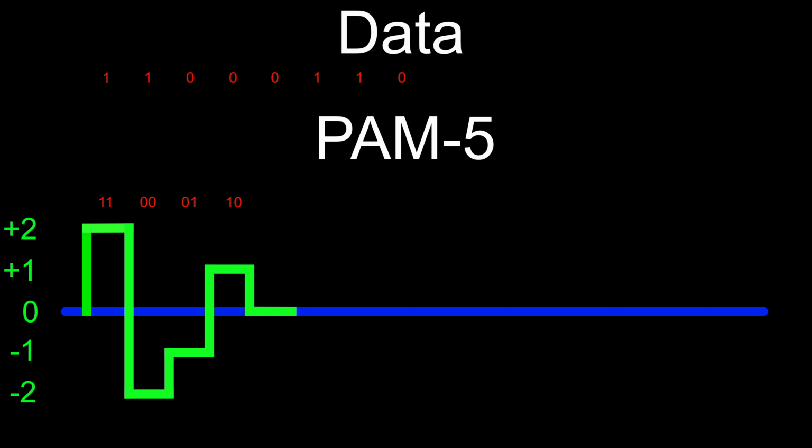So a +1 would represent 1, 0, and a -1 would represent 0, 1. And that, with making use of all pairs of wire, along with some other electrical engineering wizardry, and you get a total of a 10 times speed increase.